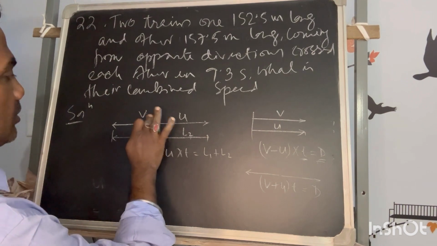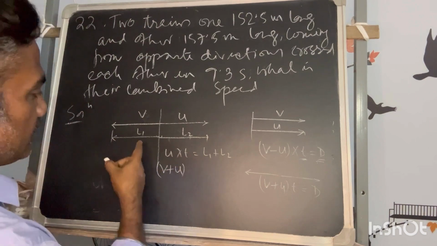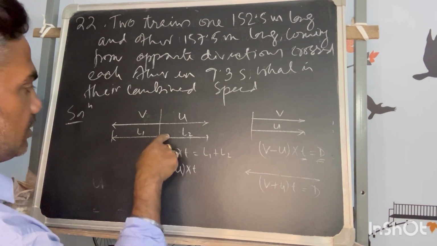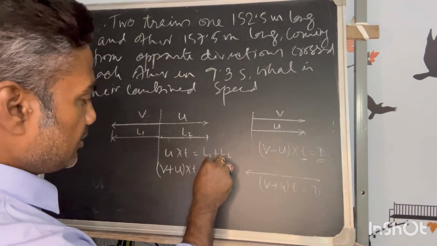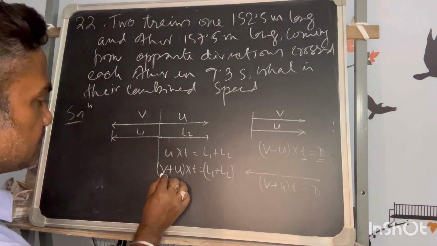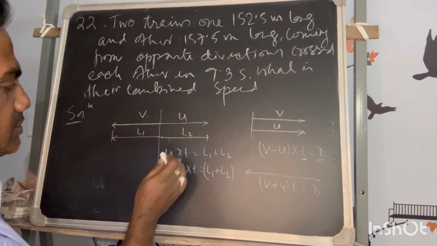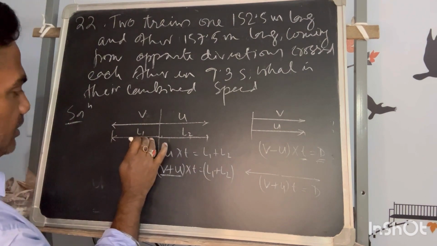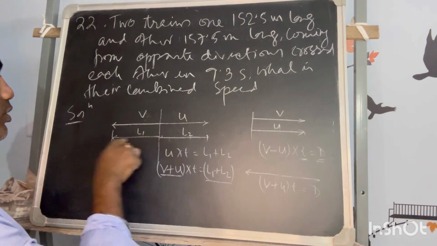Now if v is not 0, in that case our cumulative velocity will be needed, because for that time when this train is moving, this train is also moving, and they are cumulatively covering the distance. Both velocities contribute to cross L1 plus L2, because they are crossing each other. So the relative distance they are covering is L1 plus L2.